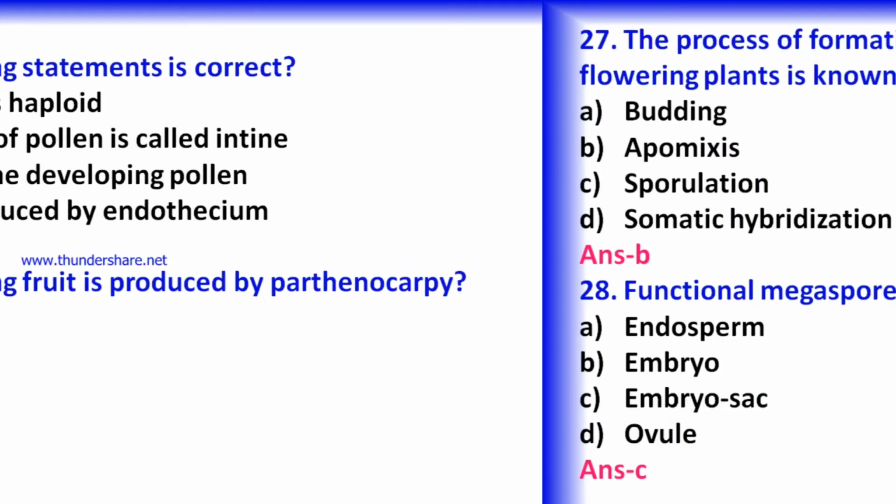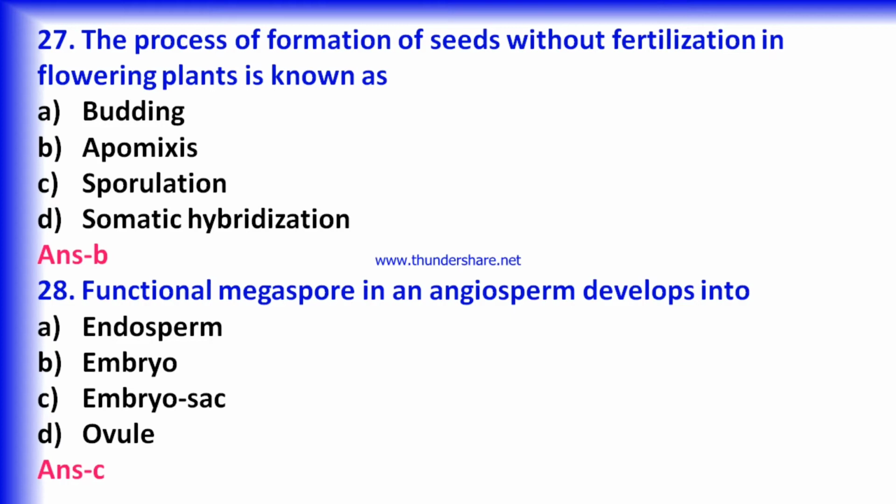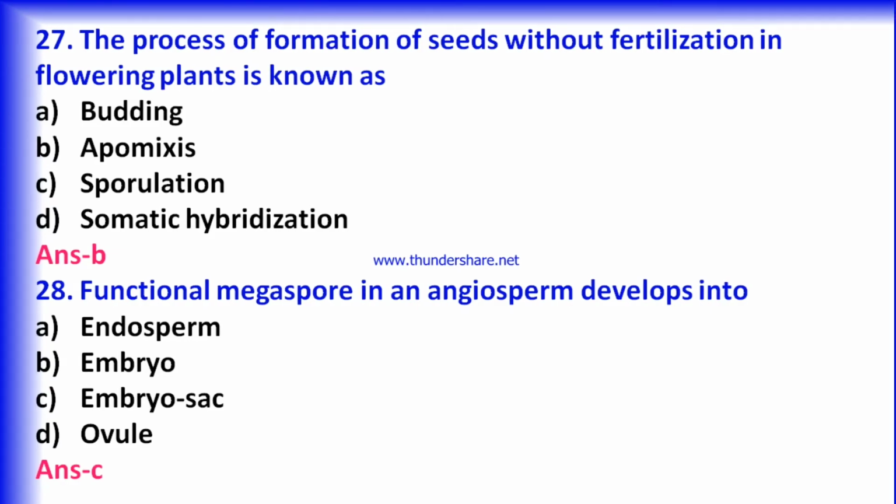Next question. The process of formation of seeds without fertilization in flowering plants is known as budding, apomixis, sporulation or somatic hybridization. The answer is apomixis. Number 28. Functional megaspore in an angiosperm develops into endosperm, embryo, embryo-sac or ovule. And the answer is embryo-sac.